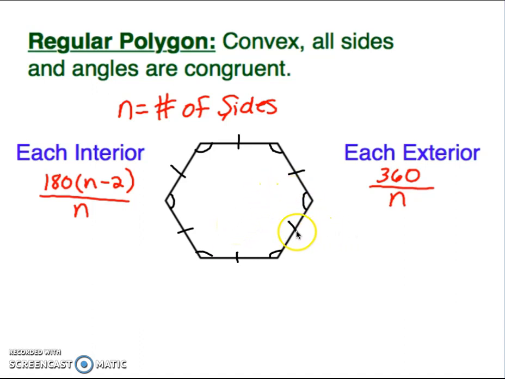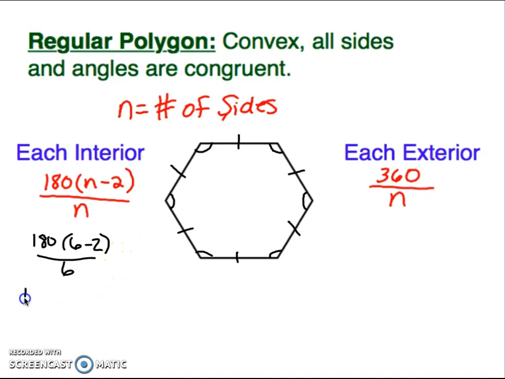So I can still write 180 times 6 minus 2, and then subtract the 2, so I know that I'm going to end up with 4. I'm also going to be able to divide by 6, and the reason I can do this is because all angles on the inside are congruent. So it would look like this.